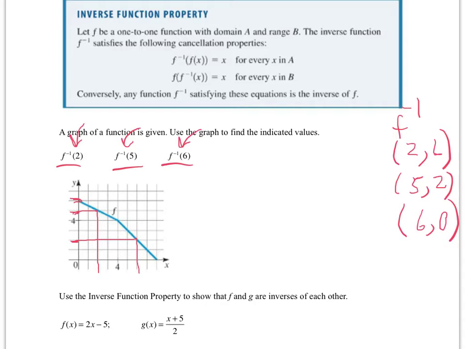Now if we plot these points, first let me erase, I guess I can't use the eraser on that, I have to use the, okay, oh, I didn't want to do that. Well, we'll just leave it there. So if we plot these points, 2, 6.